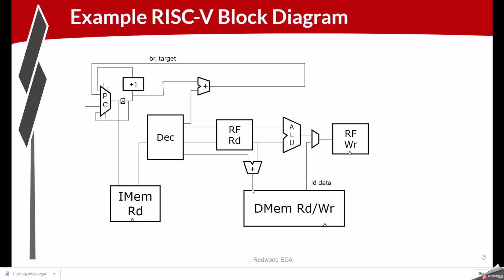Same thing for a load instruction that's going to load from memory. The store then is going to write to memory a value from the register file. I haven't actually drawn that connection. And a load is going to access the memory, and load data is going to come back and write into the register file.